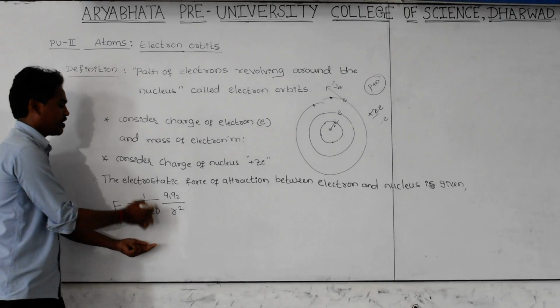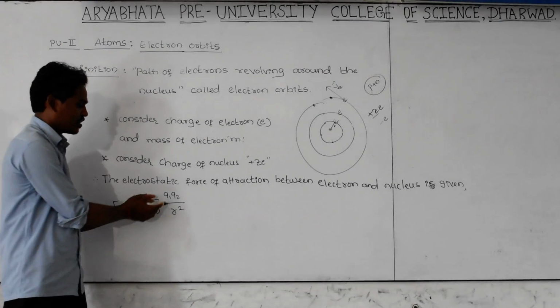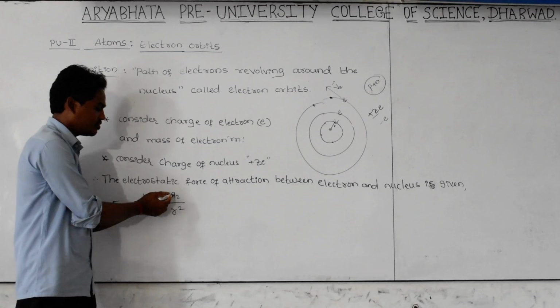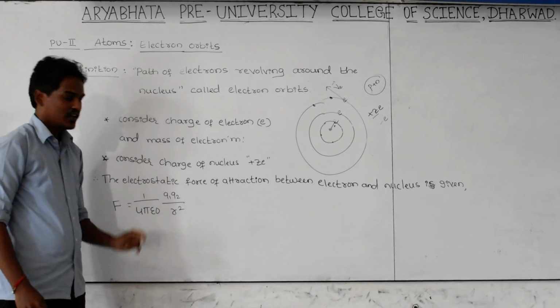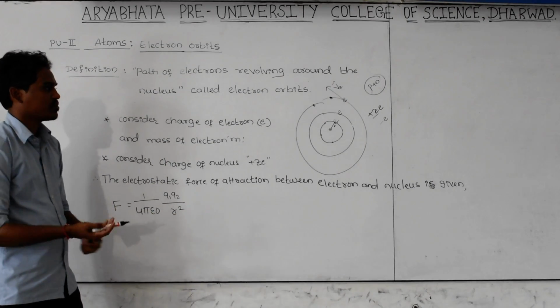This epsilon naught is a constant, the electric permittivity. Q1 is the charge of one particle, Q2 is the charge of the second particle, and R is the distance between the centers of those two particles.